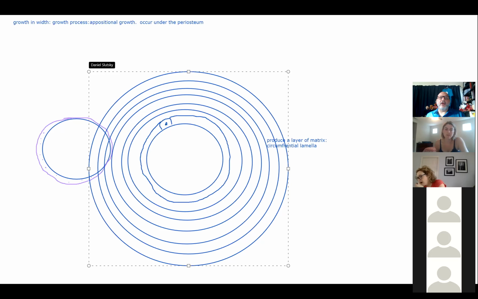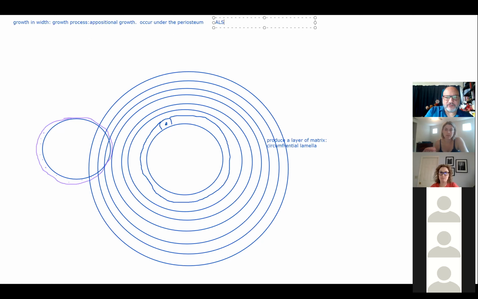So remember, not only is this process going to grow the bone in width, but remember we said it also is going to be how we form our osteons. So we need to form our osteons with this process as well. And that's how this is going to be different.